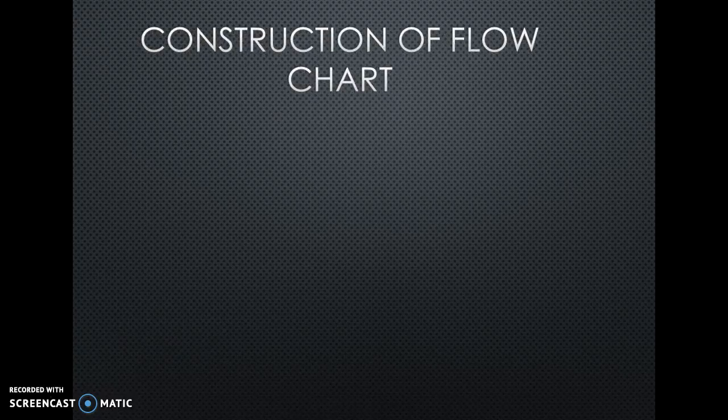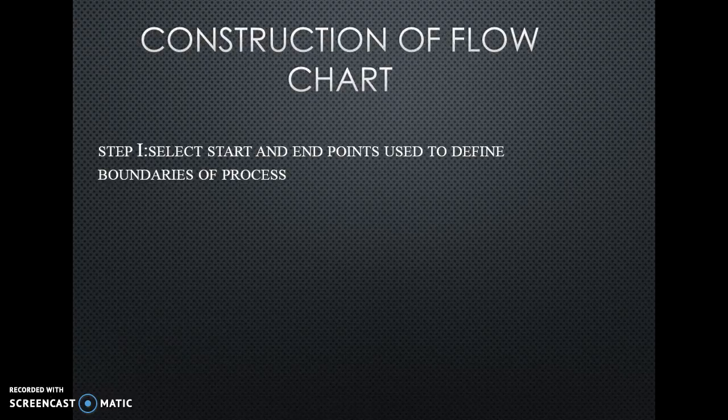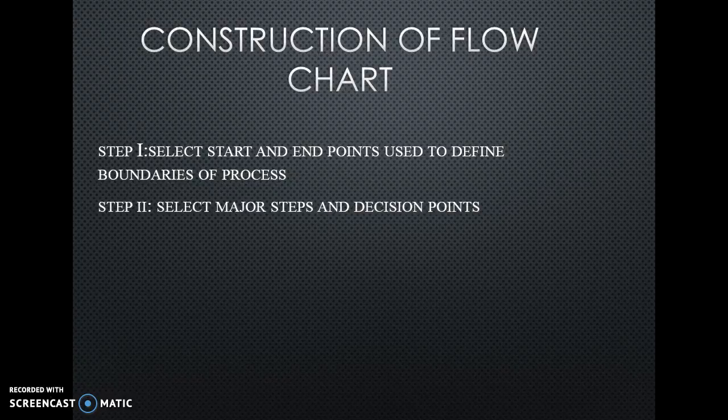Now let us get to know how the construction of a flowchart is done. The first step is to select the start and end points using the terminal points symbol. That is, we will be defining the boundaries of a process.